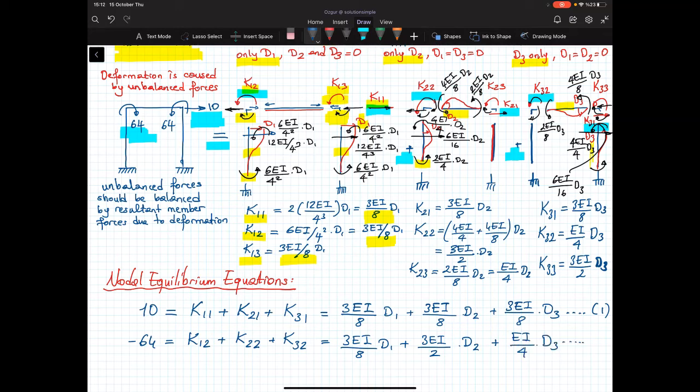And as you see, this is our second nodal equilibrium equation. That's the moment equilibrium at node B.